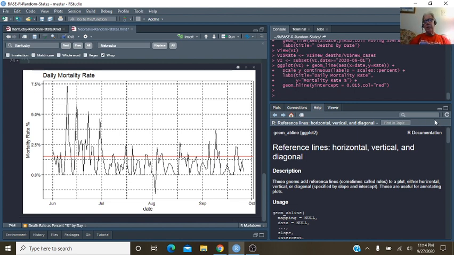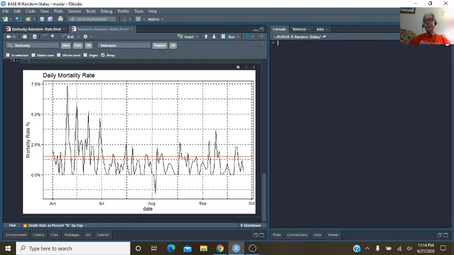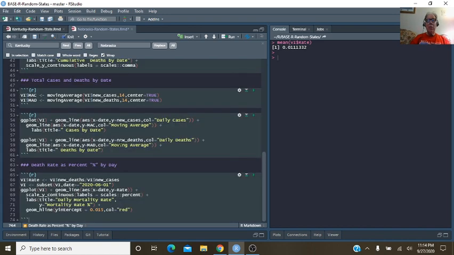So what is the actual mean death rate? What, 1.1%?